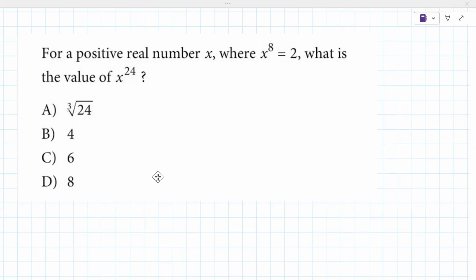Is it C? So how do you go from x to the 8th to x to the 24th? That's the question. I'm not saying you're right or wrong yet, it's x to the 8th to the power of 3, because you end up multiplying those exponents. Oh, so it'd be 2 to the power of 3. Yes. So D.